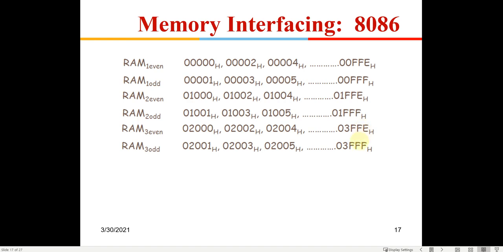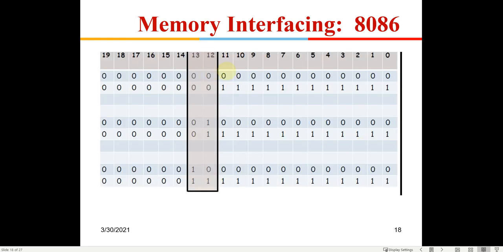So if you see, this capacity is 4 KB, whereas these are all 2 KB RAMs. Accordingly this location, this address bus, is going to change. If you see the distribution out here, 0 to 11, because this is 2 KB, and everything else we have put as 0 out here.